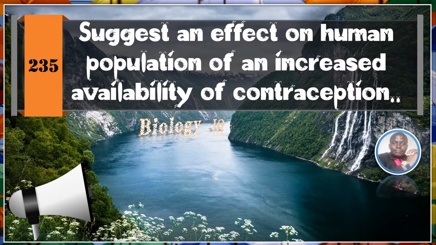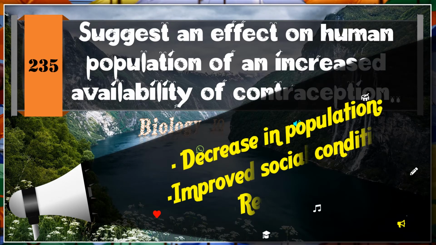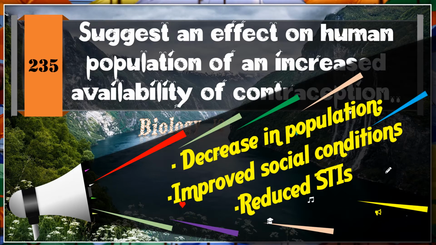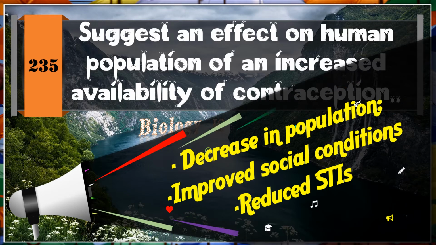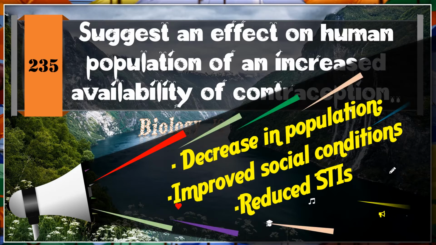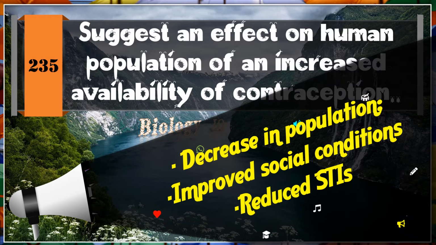Suggest an effect on human population of an increased availability of contraception. There is decrease in population. There is improved social conditions and reduced sexually transmitted infections.